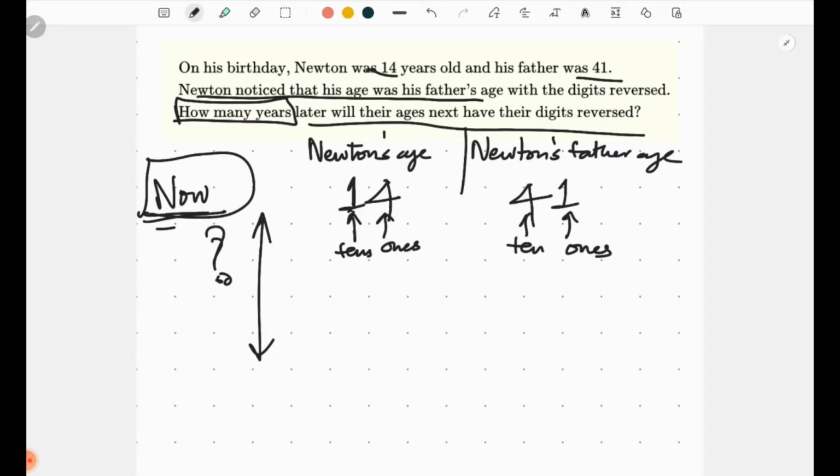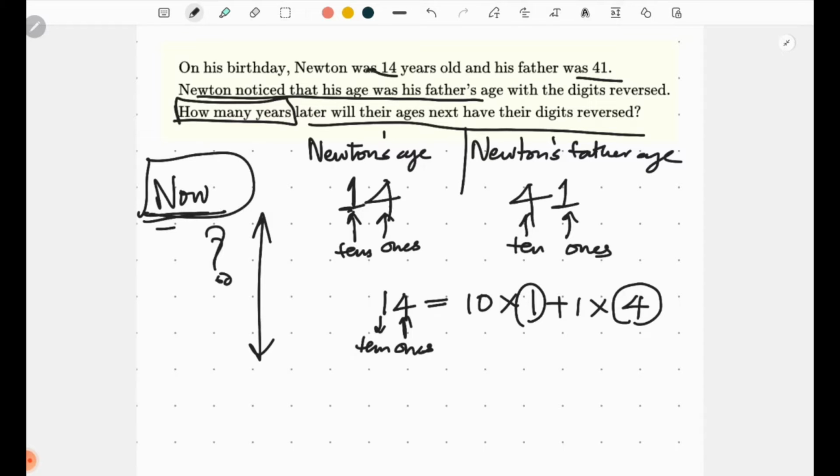Okay, so before discussing how this is going to happen, let's just quickly recall the expansion of a number, right? So you have 14. How do you expand 14? So this is the ones digit and this is the tens digit, right? So this is 10 into 1 plus 1 into 4. There are 4 ones and 1 tens inside 14.